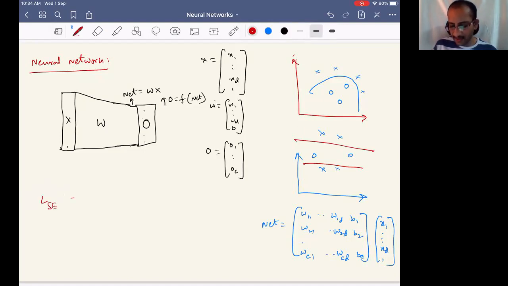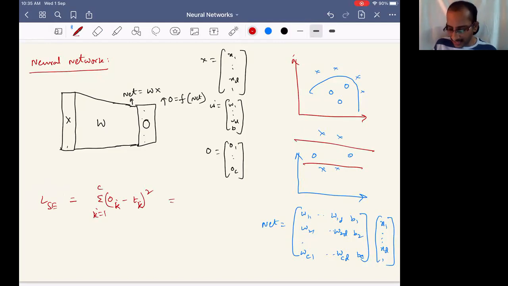In scalar form first, if ti are the targets, it is the sum of (yi minus ti) whole square, where k equals 1 to C.